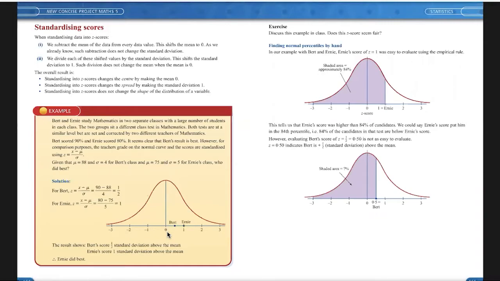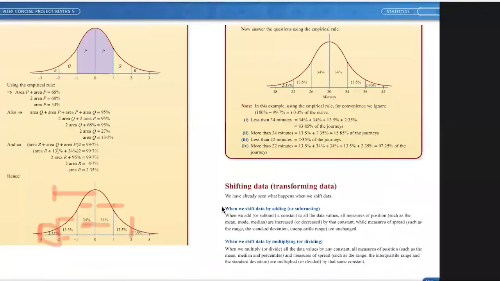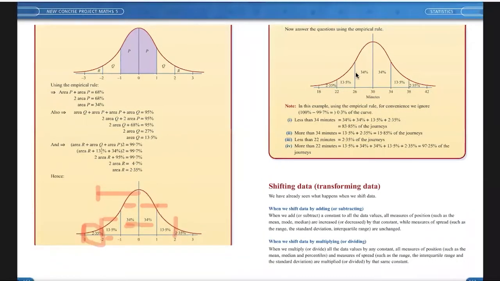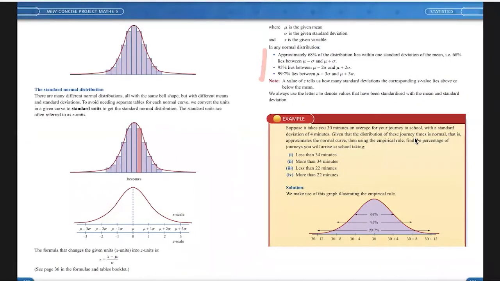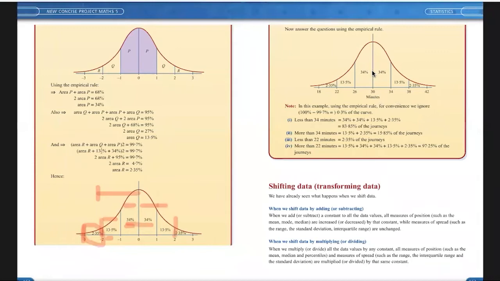So it is centered on 0. Standardizing into Z-scores changes the spread by making the standard deviation a normalized step size of 1. So 1 standard deviation, 2 deviations, 3 deviations, okay? As compared to the case we were doing when we were arriving at school, where the standard deviation was 4 minutes, we went up in steps of 4. So this was 4, 8, 12, okay?